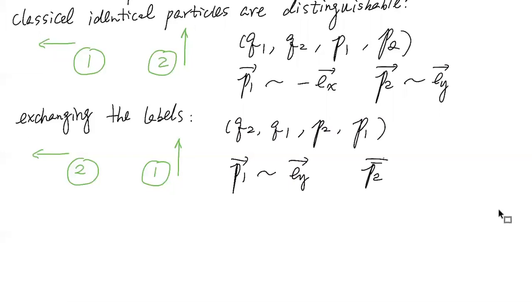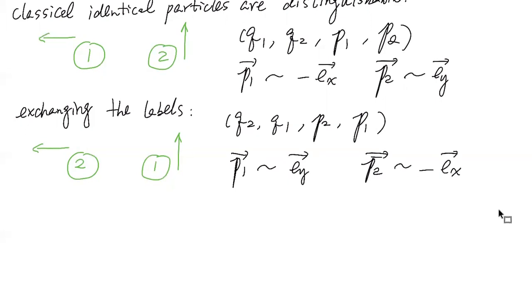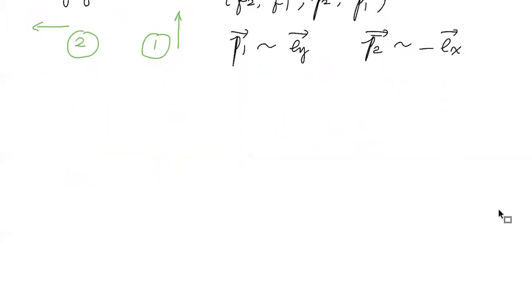P2 is now along the negative direction of the x-axis, right? This is another way to label your state function. And of course, the dynamics, the actual physics of the system should be exactly the same, no matter how you label the particles, right?